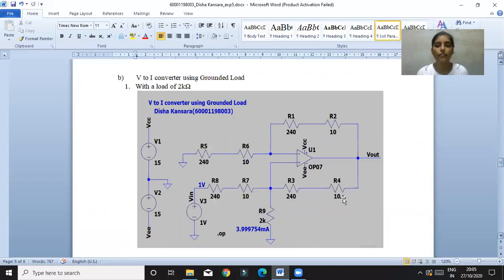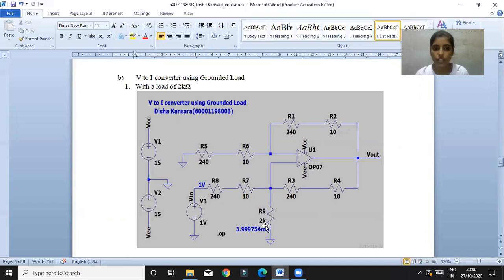For the schematic of the ground load, I used a voltage source of 15 volts and gave an input of 1 volt. For the 250 ohms, I divided it as 240 plus 10.